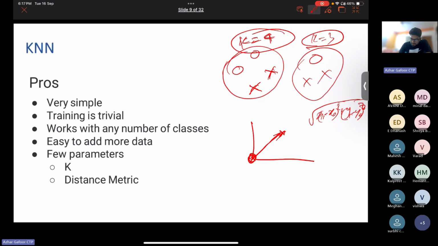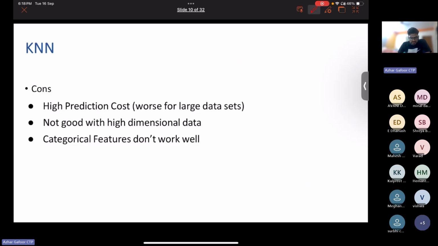In that case, we'll have the distance along these two directions, that is the absolute value of x1 minus x naught plus the absolute value of y1 minus y naught. So we can choose different distance metrics to calculate the distance. So let's say what are some of the disadvantages.